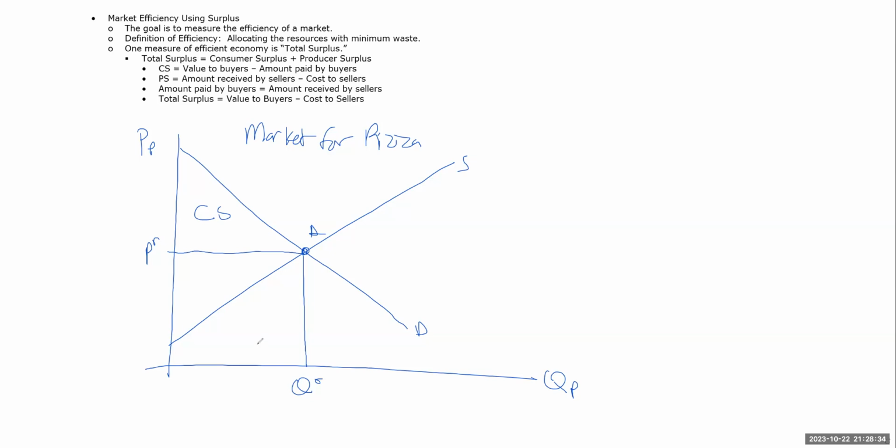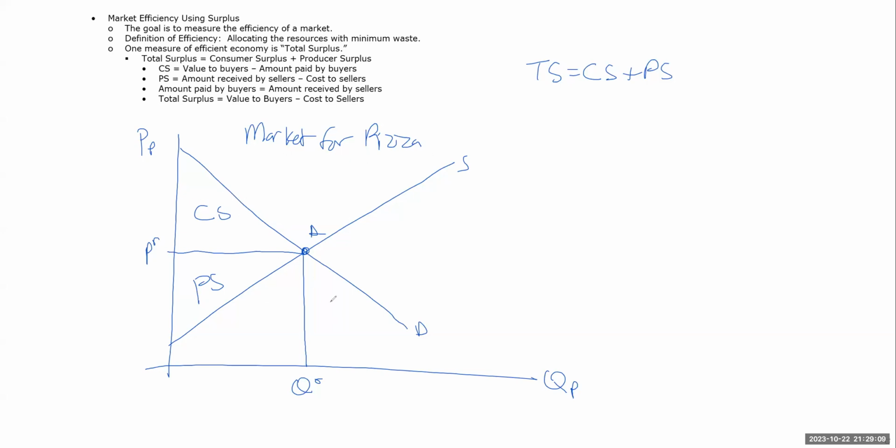Producer surplus, by definition, is the amount received by the seller, or the price, minus the cost to seller, which we use the marginal cost curve, or in this case, the supply curve, right? And that's producer surplus. Remember, supply curve is equal to the marginal cost curve. Total surplus is this big fat triangle that comprises consumer surplus plus producer surplus.